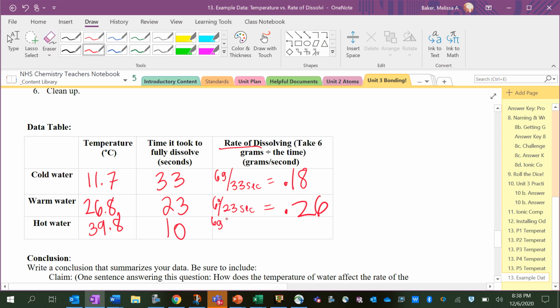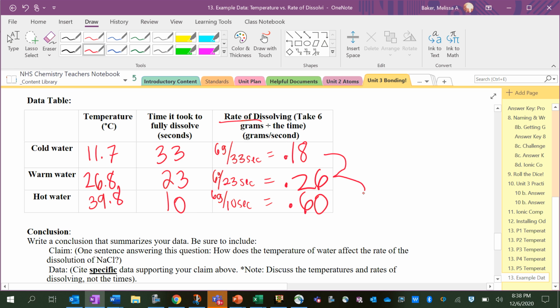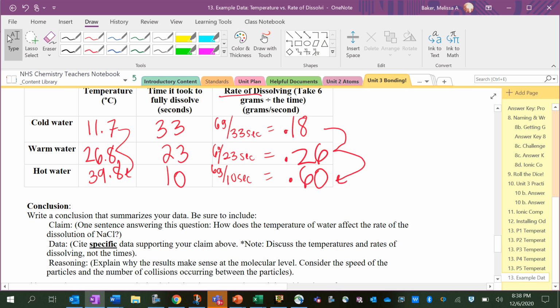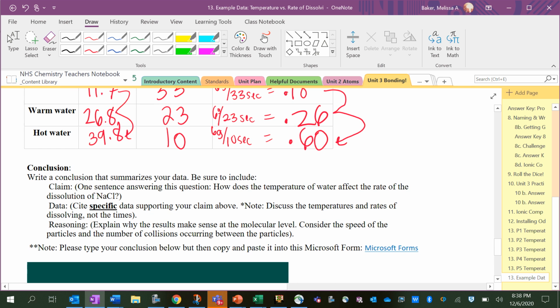And last, I took 6 grams divided by 10 seconds, and I got 0.6 grams per second. So you can see it's going up and up. As the water got hotter and hotter, the dissolving rate increased.